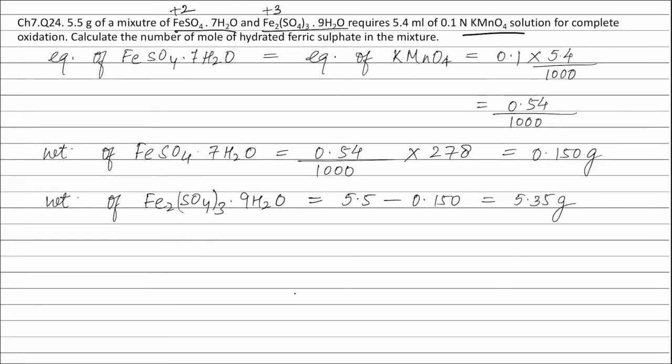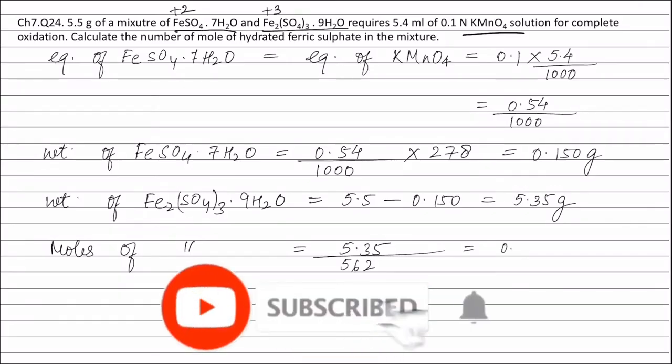Therefore, moles of Fe2(SO4)3.9H2O is equal to weight of Fe2(SO4)3.9H2O, that is 5.35 grams, divided by molecular weight of hydrated ferric sulfate, that is 562, and this is equal to 0.0095 moles.